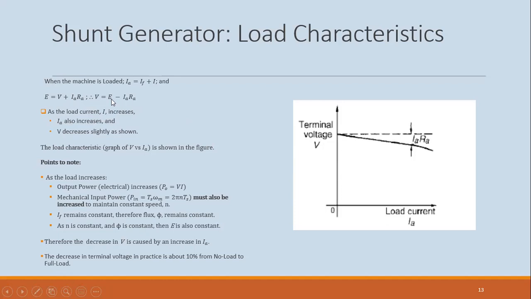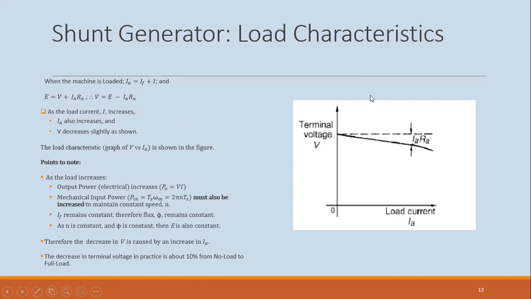But as you can see here now from this equation, as IA increases, this value here is increasing also, and hence overall you have a reduction in the terminal voltage as I increases. So that is what is shown here.